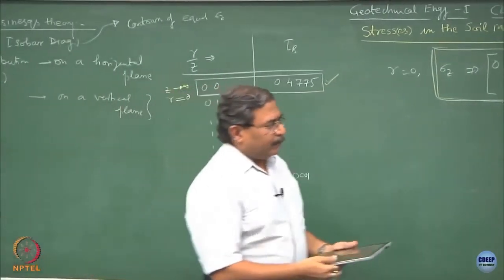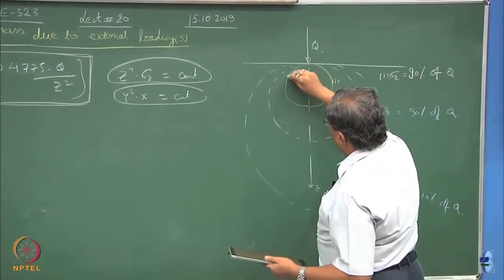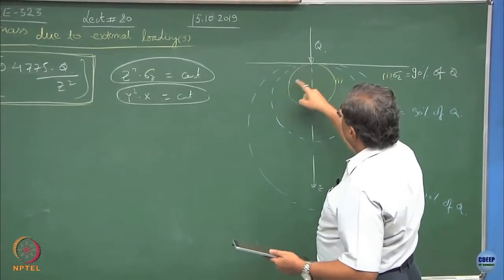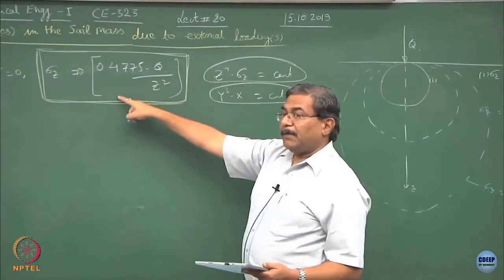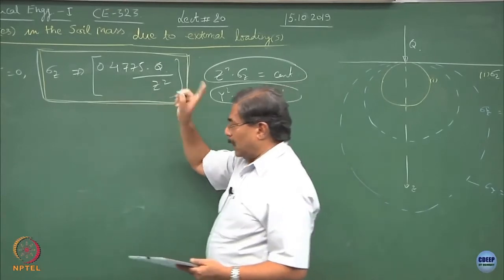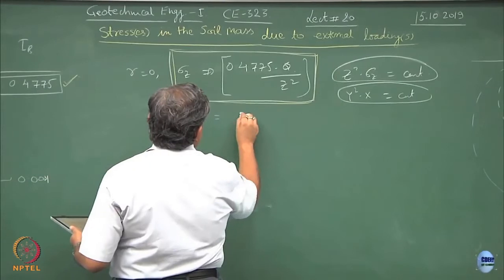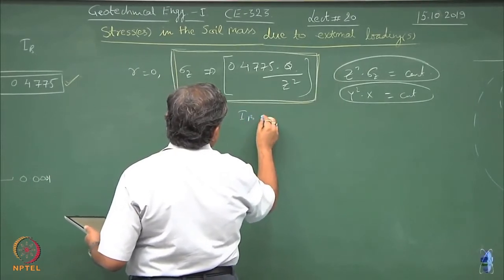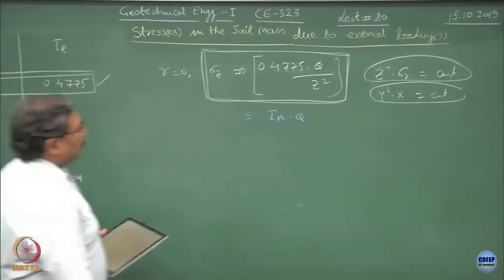You are right, but see if you look at this point, again this is nothing but the point P1, P2, P3 and so on. So, R is changing, Z is changing, which is getting absorbed in this term. IB is a constant term which represents R by Z. So, a better way of writing this would be, I can say IB into Q upon Z square, the stress term.